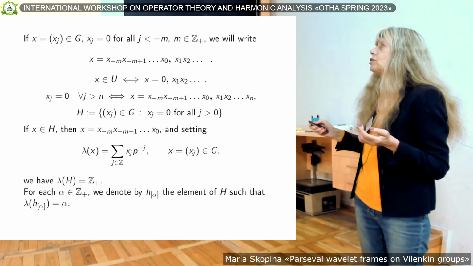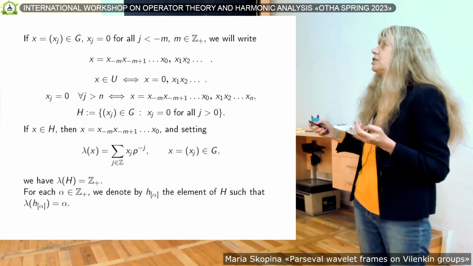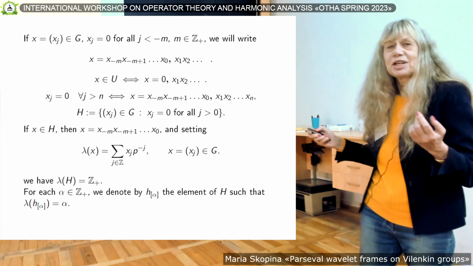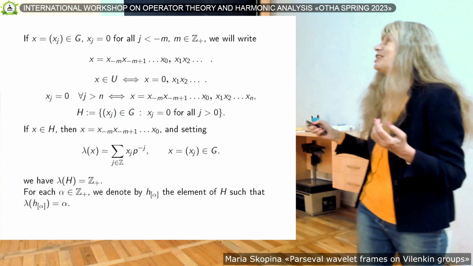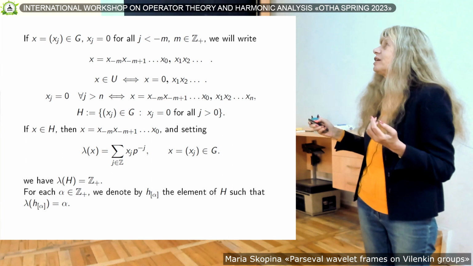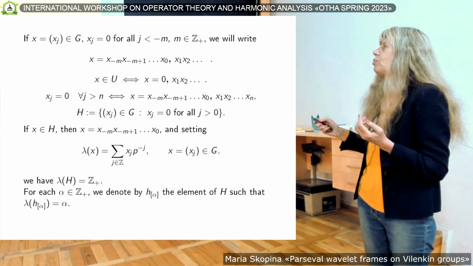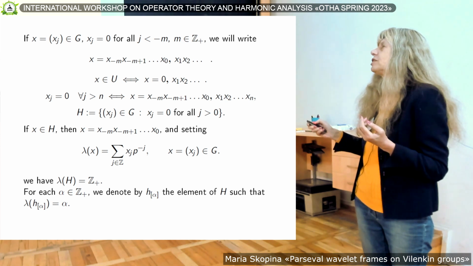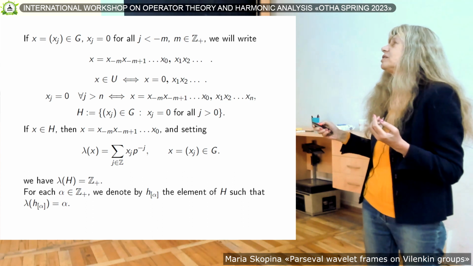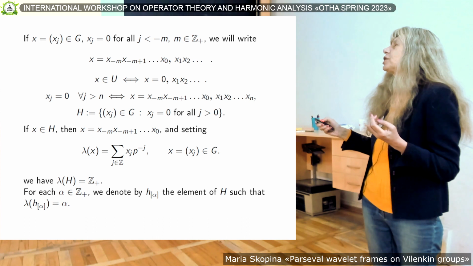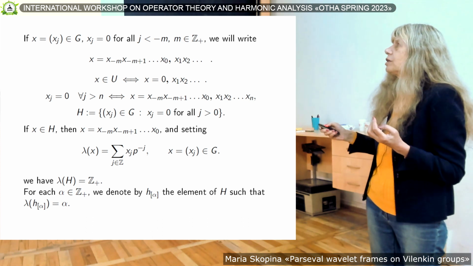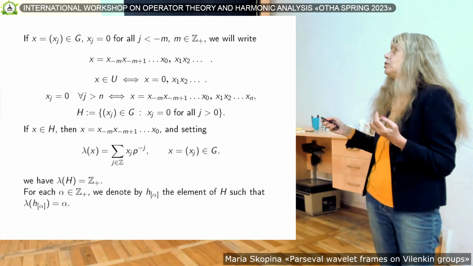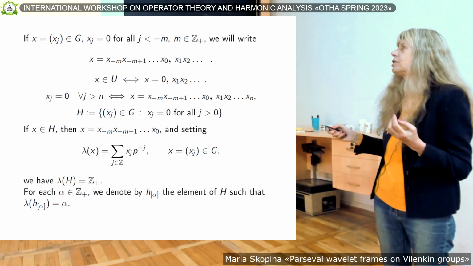Next, it will be convenient for us to write elements of the Vilenkin group G the way we write decimals, especially if p is equal to 10. So this is an element, with a comma here. If x is in the neighborhood U, then we write 0, comma, etc. If there are zeros to the right of x_n, we do not write them.